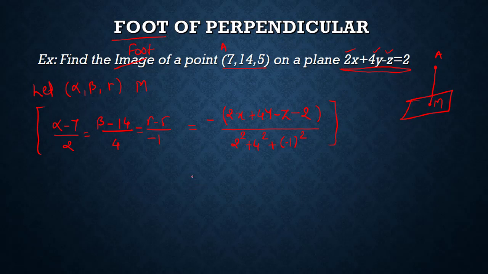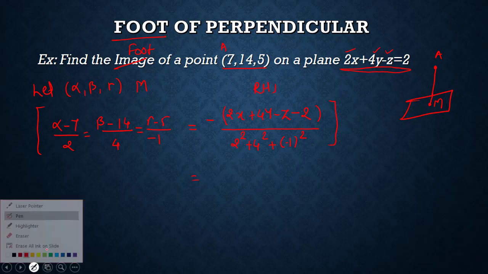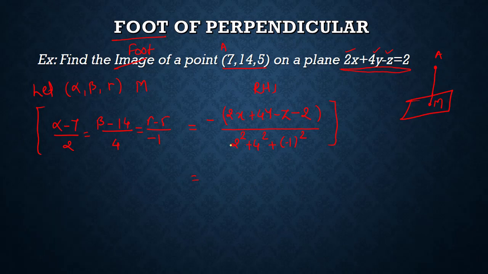How? Let's see. First solve this RHS, and this RHS will always be in a simplified form. Now what will be the values of x, y and z? Just substitute x, y, z as the given point.